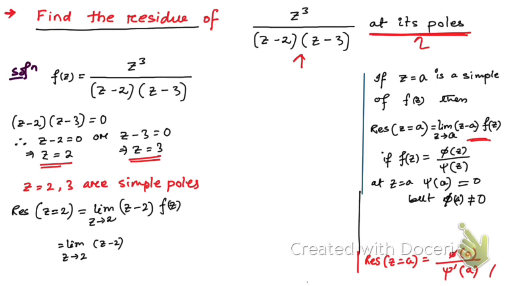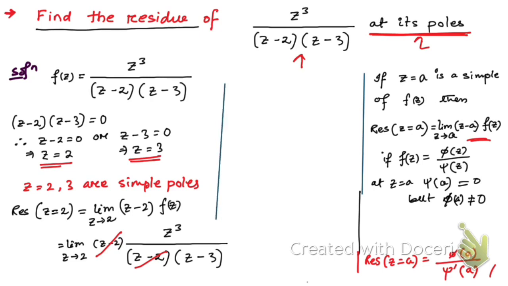Let me copy this, just wait. So we have to multiply this one here. So now here you can see clearly z minus 2 cancels. So what we have, just let me write here. So we have residue at z is equal to 2.